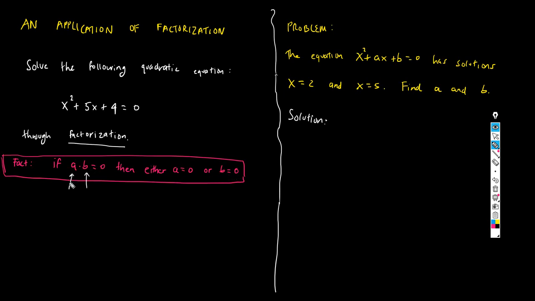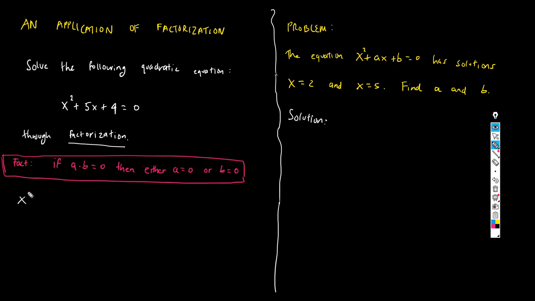Or also another possibility is that both need to be 0, but at least one. And that's a fact. Let's keep this just as a fact. We know this is true, and we're gonna use it to solve this equation in the following way.